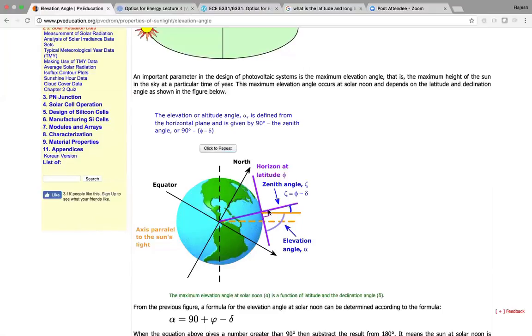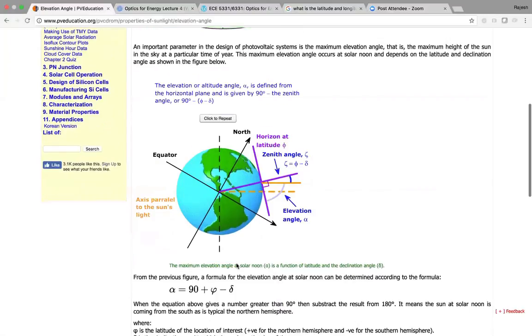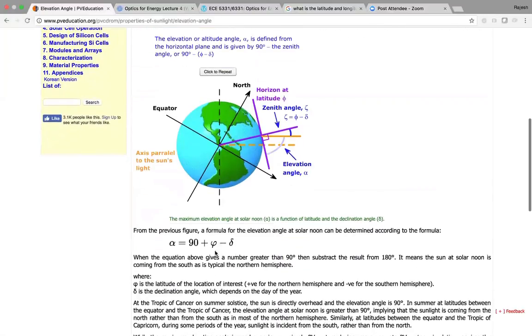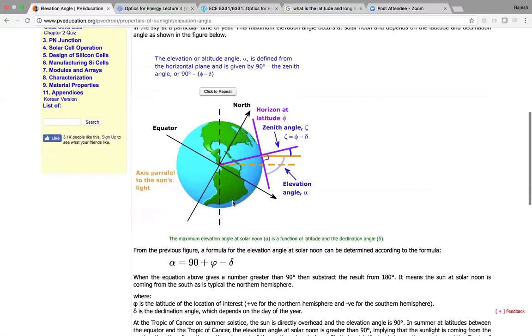Because it's just these two lines, this normal and this tangential line. And you can also see all the other relationships. For instance, the elevation angle, referred to as alpha, is 90 plus phi minus delta, where phi is the latitude, which is the total angle here, as we saw before.